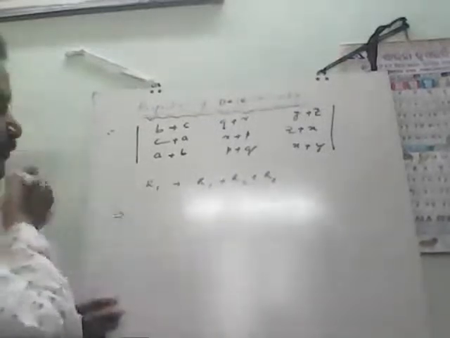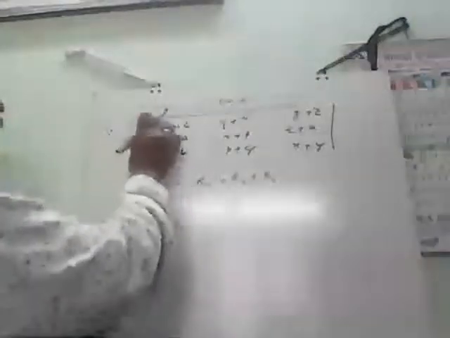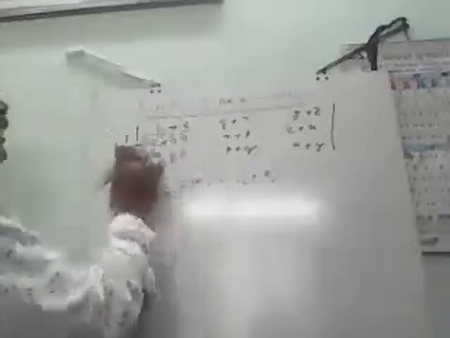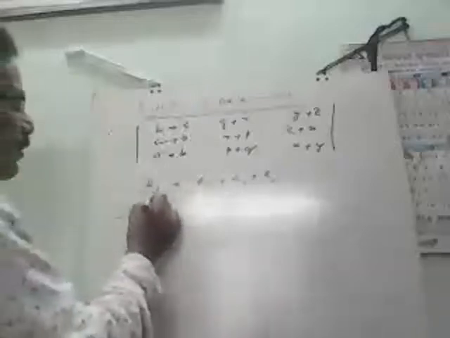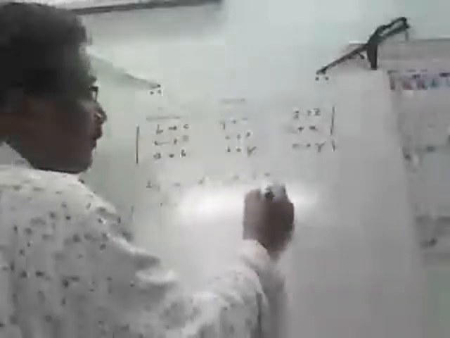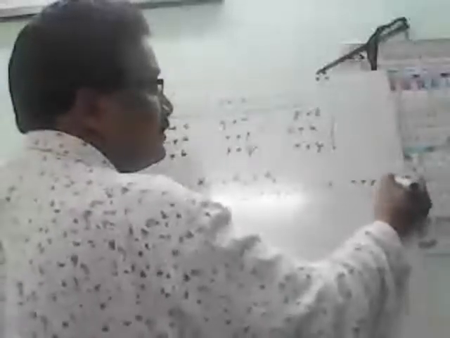Then our first row, if we add these three elements, B plus C plus C plus A plus A plus B, our result is twice of A plus B plus C, then twice of P plus Q plus R, twice of X plus Y plus Z.